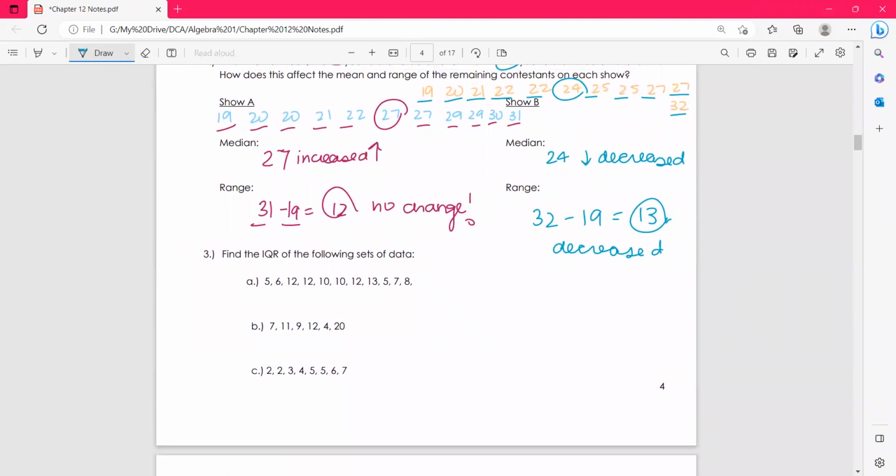And then you guys can pause this video, try number 3. I'm going to show you some answers for number 3, but it's very similar to the other one. So find the IQR, pause this video and find the IQR. So when we find the IQR, we need these numbers to be in order from least to greatest. So that's the first thing I'm going to do.